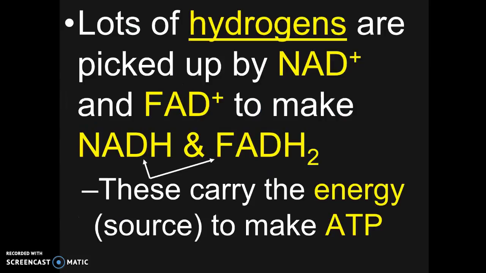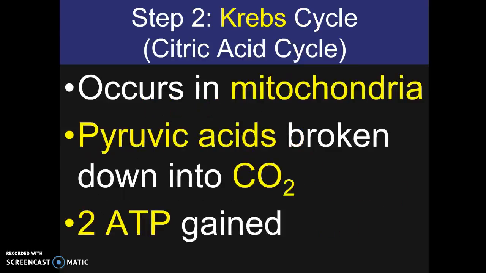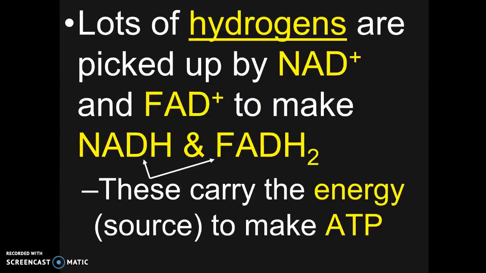Okay, another step that happens: there are lots of hydrogens. So we made our CO2, and the hydrogens from glucose and the electrons are going to be picked up by NAD and FAD. Again, those are like electron carriers, like NADPH in photosynthesis. Kind of similar. These guys are going to carry these high energy electrons and hydrogens to later be used for more energy to make ATP.